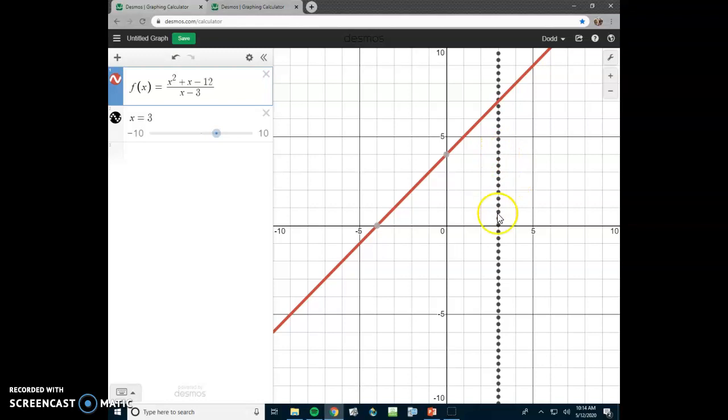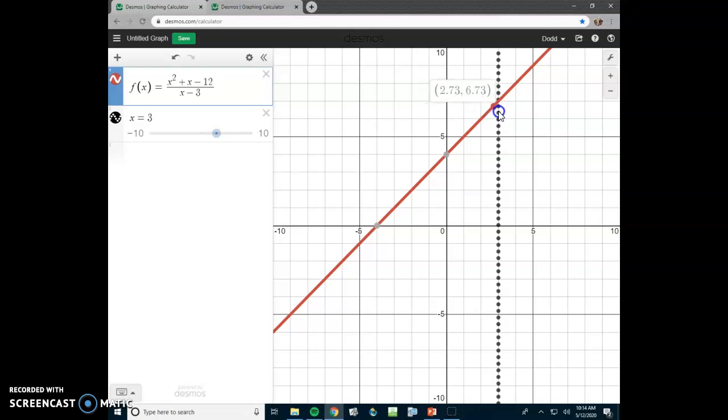And so here's the value x equals 3. What's happening on the graph around that? First things first, the function is actually undefined when x equals 3. But what's happening around it? As you get closer and closer to x equals 3, what's happening to y?